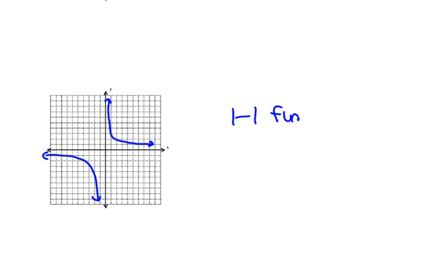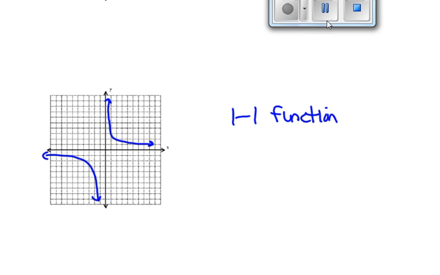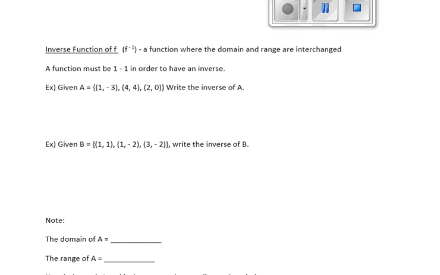There is no vertical line I can draw that would touch this graph more than once, aka it's a function, but then also there is no horizontal line I'm going to be able to draw that would touch this graph more than once. Again, make sure you understand what it means with the vertical line test and the horizontal line test as such. So now we can begin our discussion dealing with inverses.